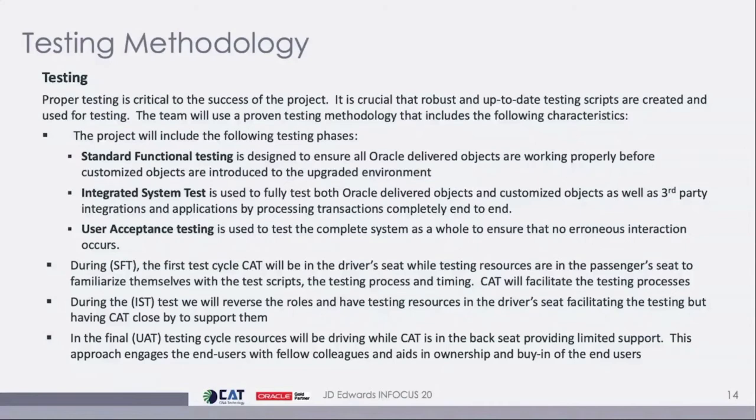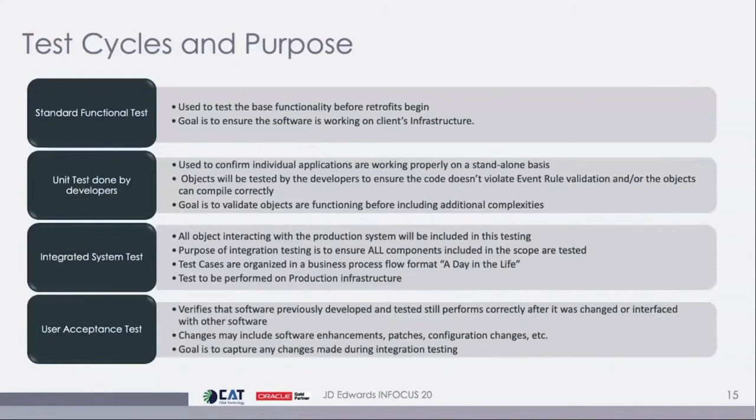The standard functional test is, once we get the EnterpriseOne software loaded, we're going to do very quick templatized testing to make sure that the software is functional, that there are no hiccups from a CNC or systems administration standpoint. We do that before we start any of the retrofits.